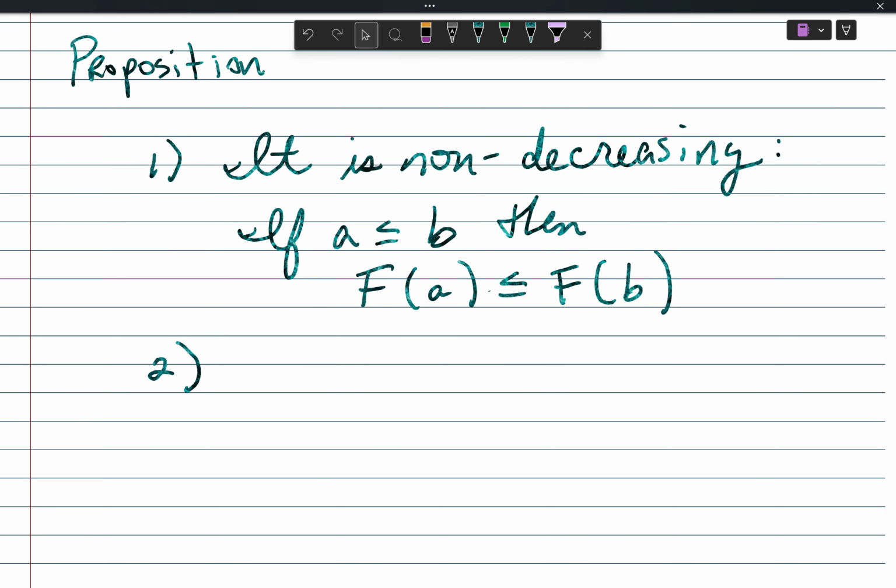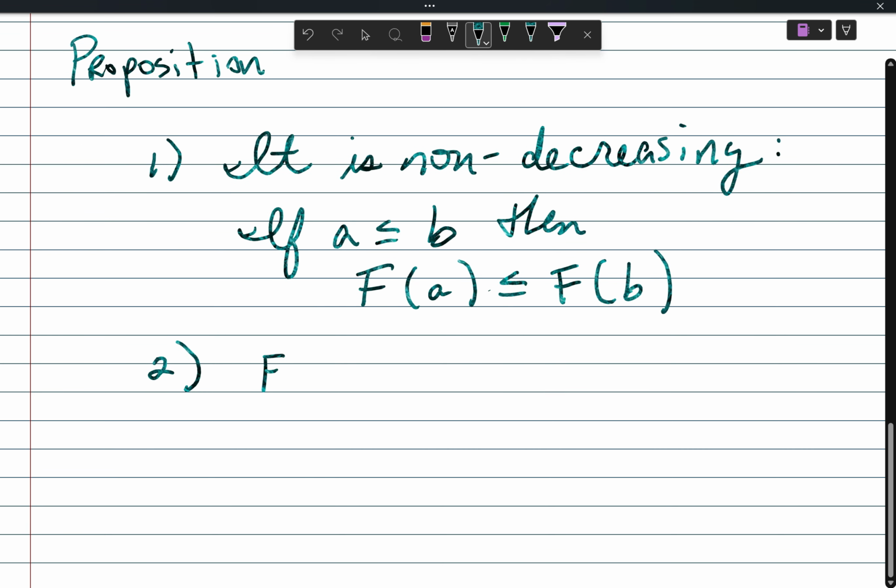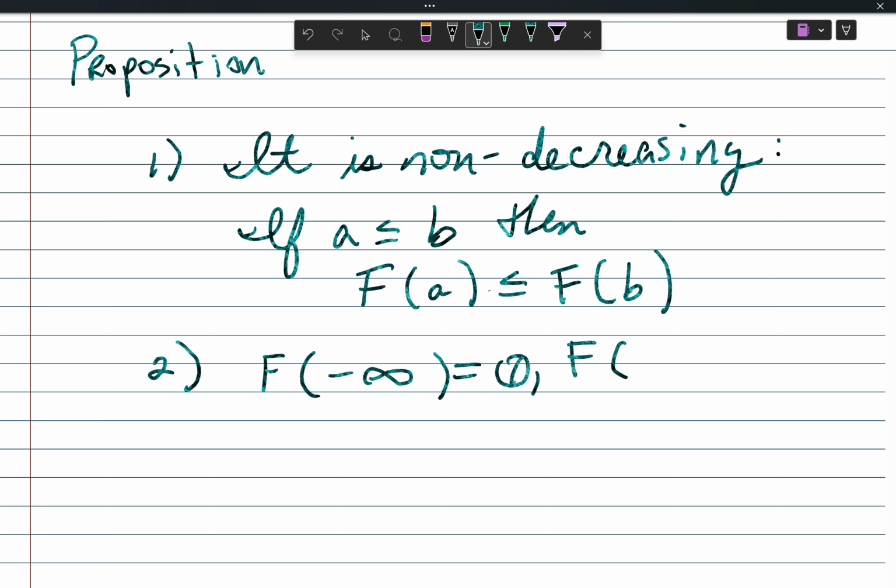Second, F(negative infinity) is equal to 0, and F(positive infinity) is equal to 1.